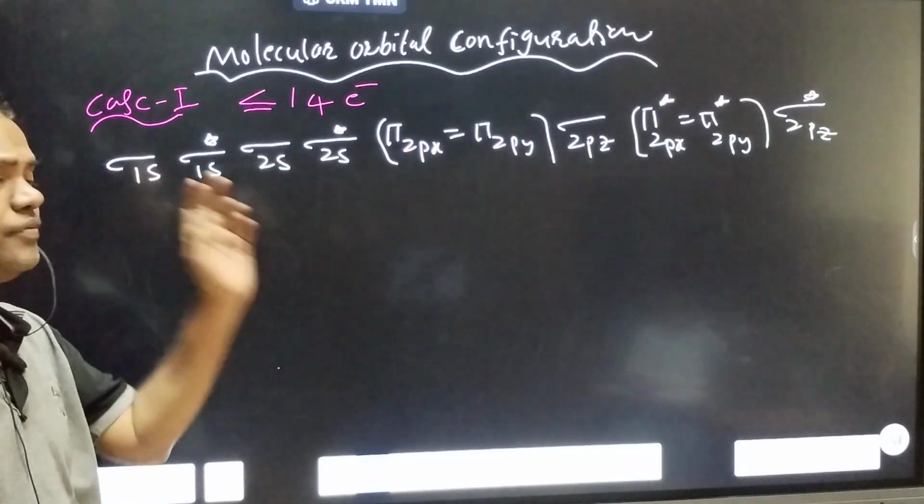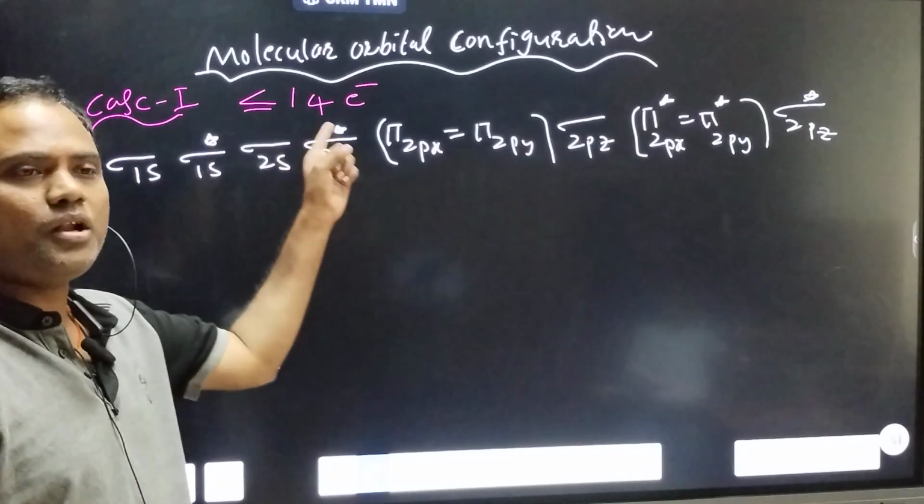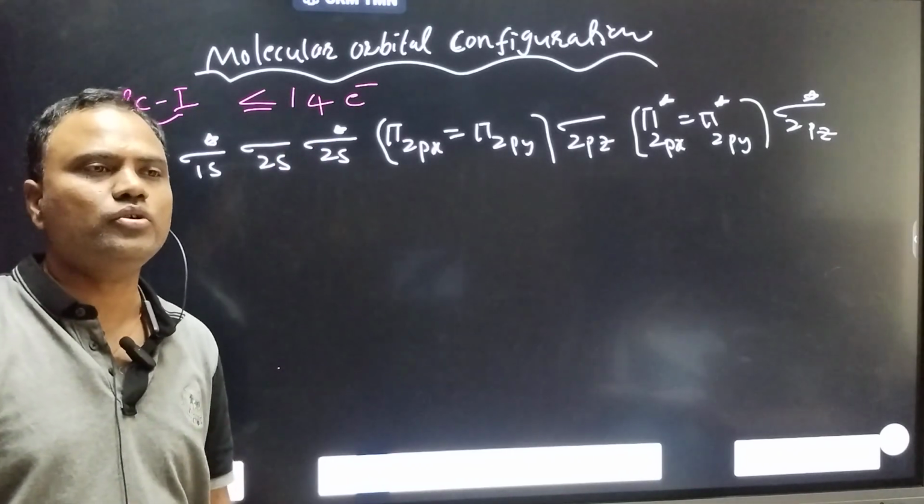This molecular orbital configuration is used when the number of electrons is less than or equal to 14.